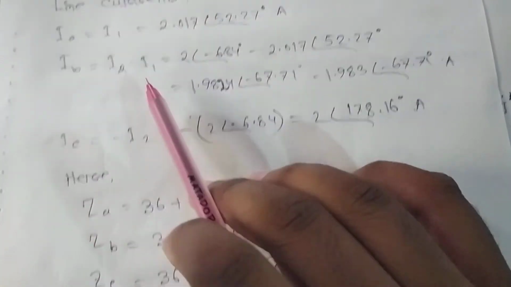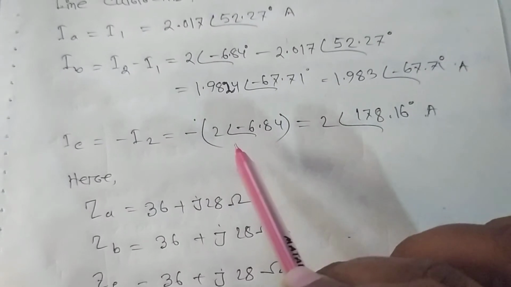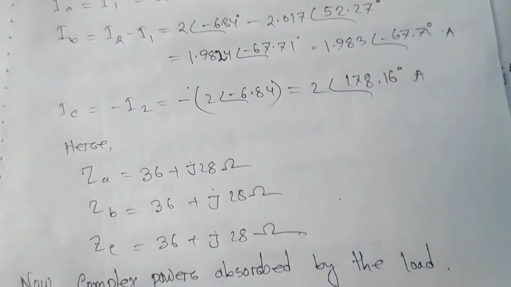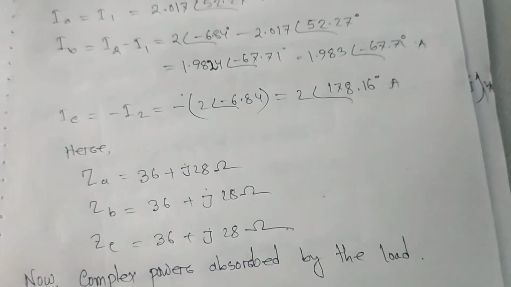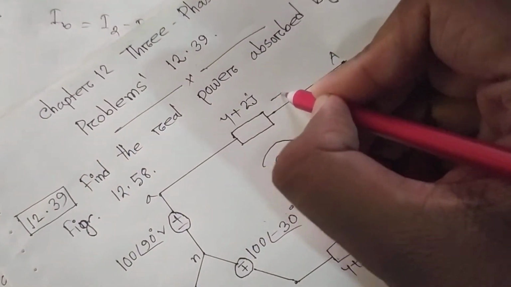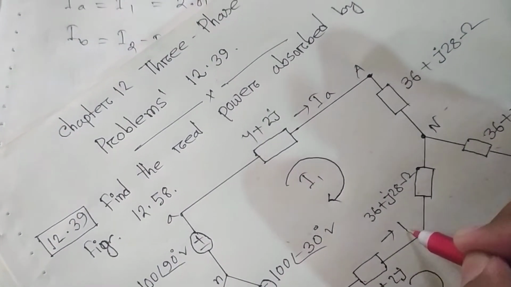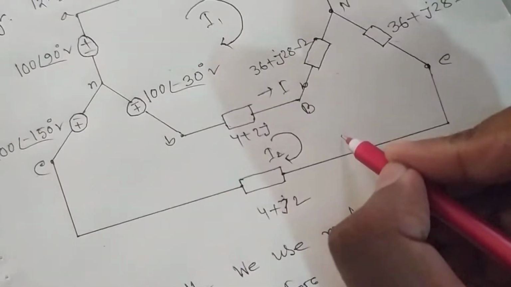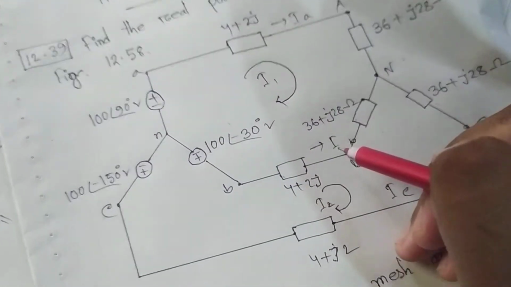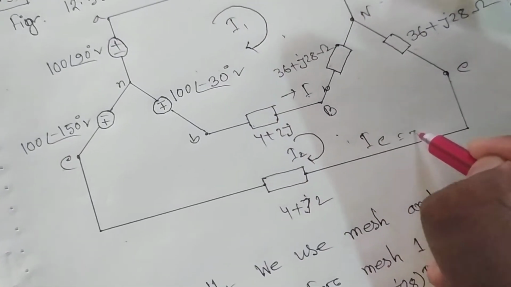IC equal to minus I2, that is 2 angle of 178.76. We see the figure: that is line current IA, that is line current IB and that is line current IC. IA equal to I1, IB equal to I2 minus I1, IC equal to minus I2.